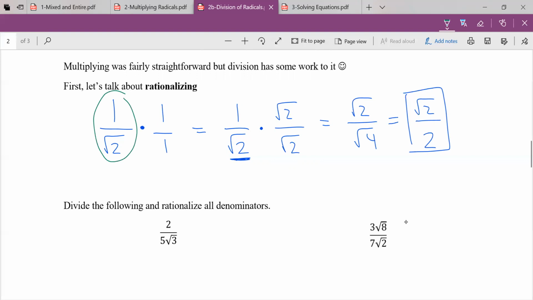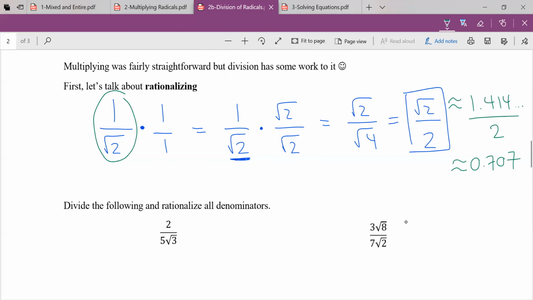Before they had calculators, they would have a big table of square roots, and they would look it up and say the square root of 2 is 1.414. It's irrational, it goes on forever. So they would say it's approximately 1.414 divided by 2, so it's approximately 0.707. That's it, friends. The only reason we still rationalize is because there was a day and age when people didn't have calculators.